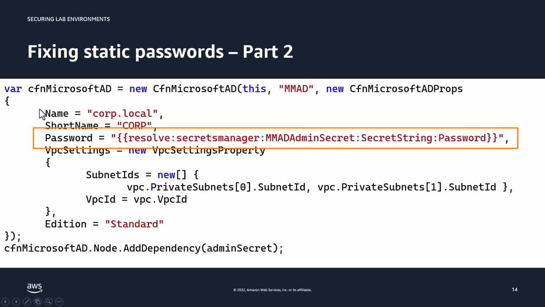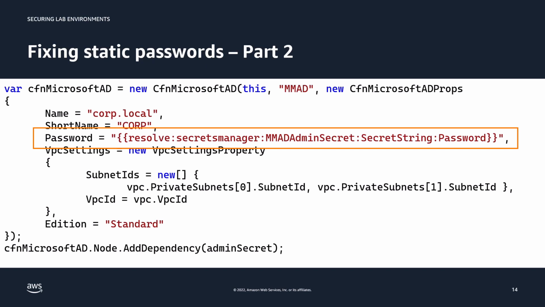Now all the rest of these details, so the name, the short name, the VPC settings, and the addition, are standard code for creating the managed Microsoft Active Directory as part of a CDK project.